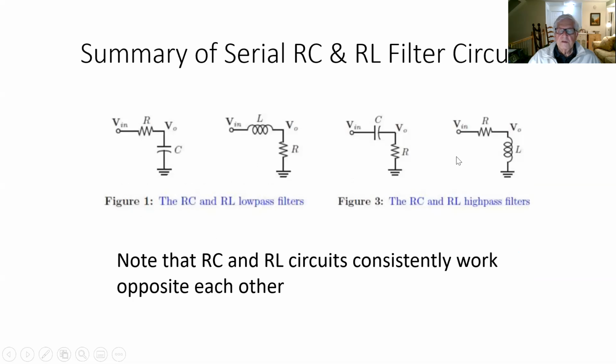So basically, these are just little schematics of the different ways we can have low pass filtering and high pass filtering, whether we use an RC or an RL circuit. So RL and RC circuits consistently work opposite to one another.